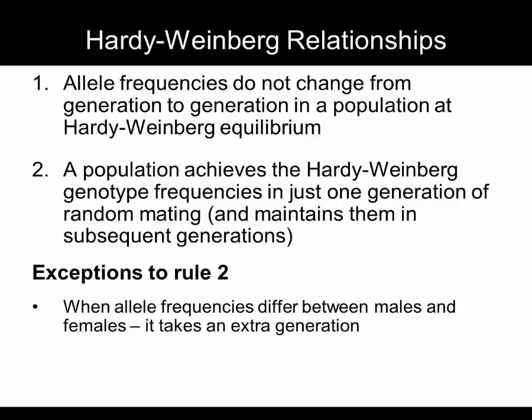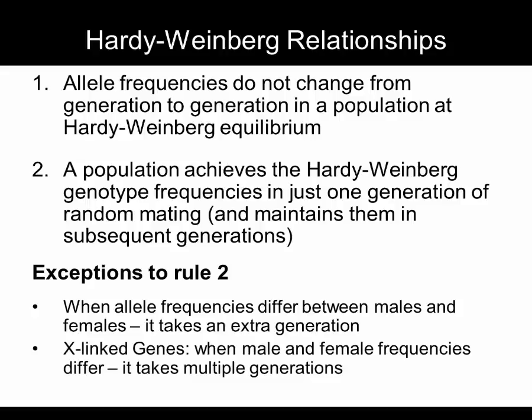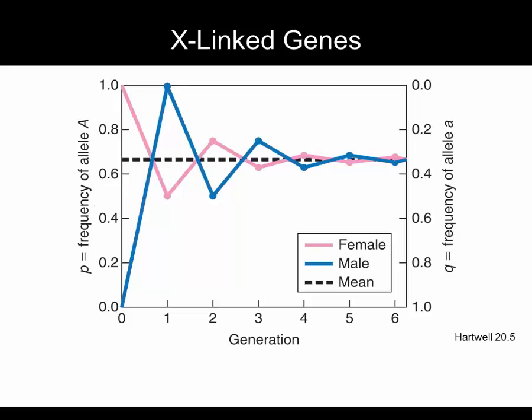This is true for an autosomal gene, but it's more complicated when the male and female allele frequencies differ for an X-linked gene. This graph has an example starting with all the women homozygous for a dominant allele and all the men hemizygous for the recessive allele. Note that this means the overall allele frequencies are P equals 2/3 and Q equals 1/3.